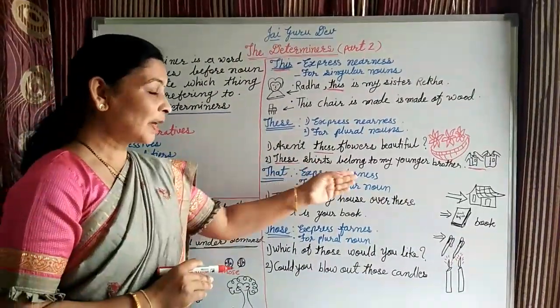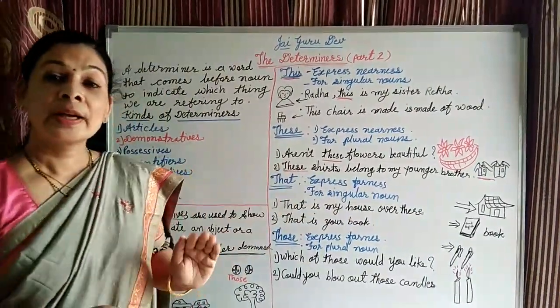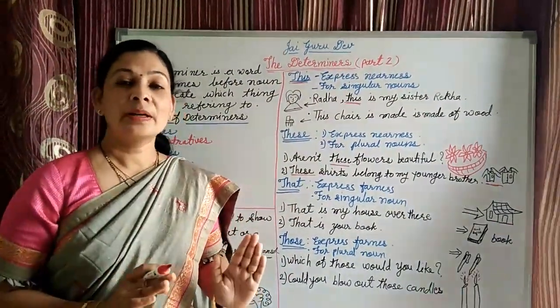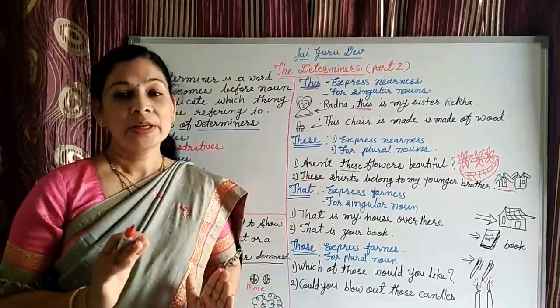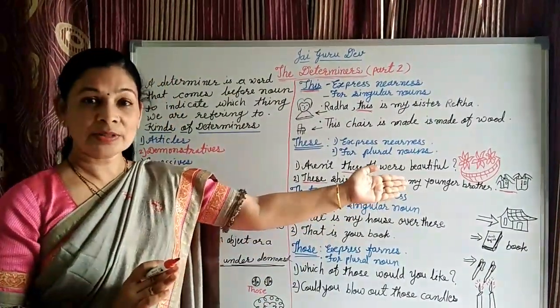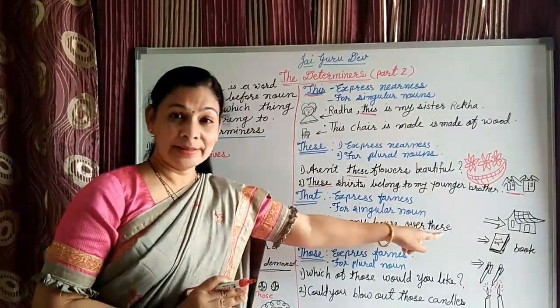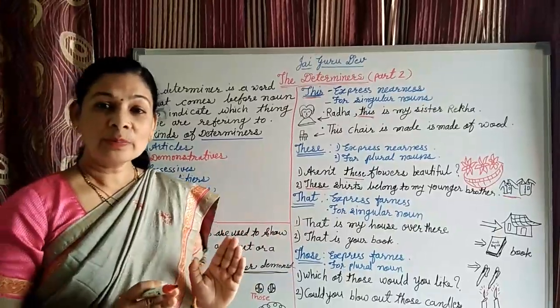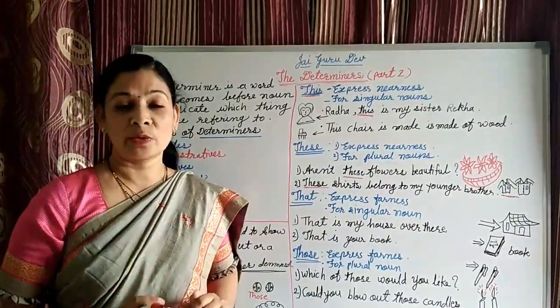That expresses farness for a singular noun. That is referred to people or things which are far from us. Can you see that house? Yes. That is my house over there. So the word that is generally used for a singular noun.